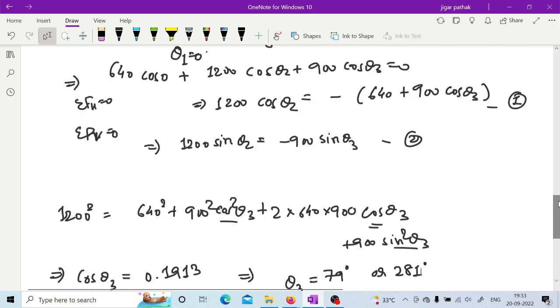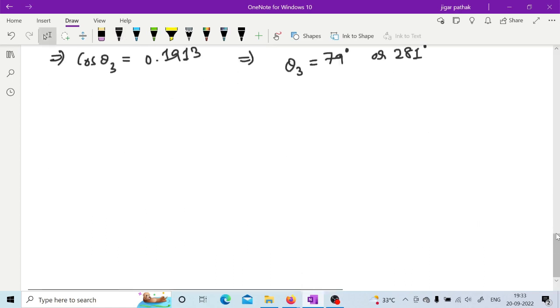Yes, these two equations, this one and this one you need to check. If these two equations are the same, then you must be getting the same theta 3. Okay, sir.